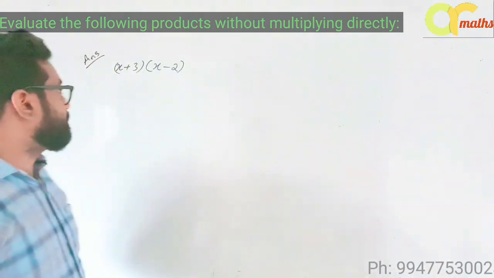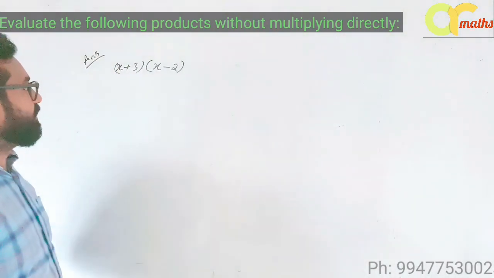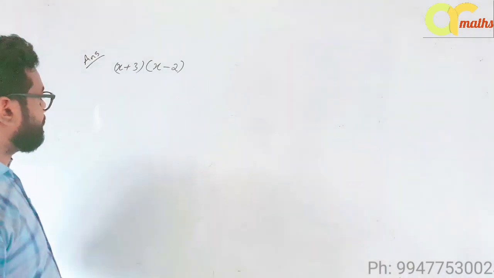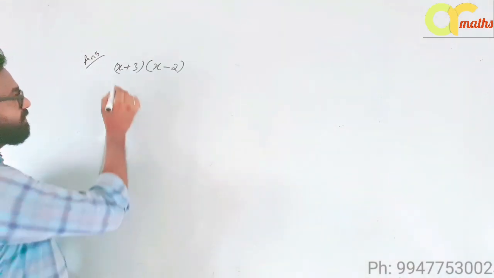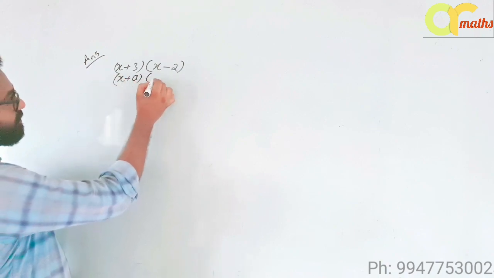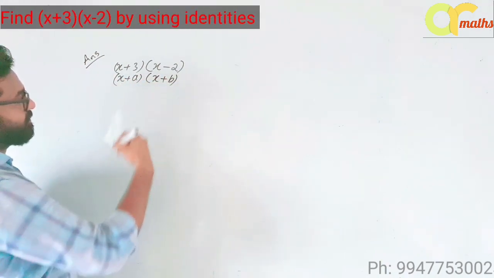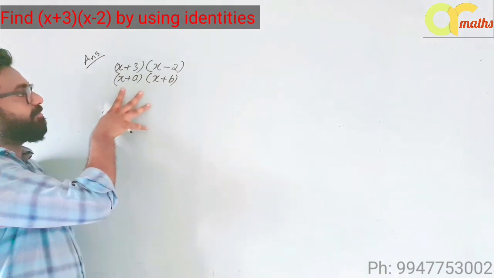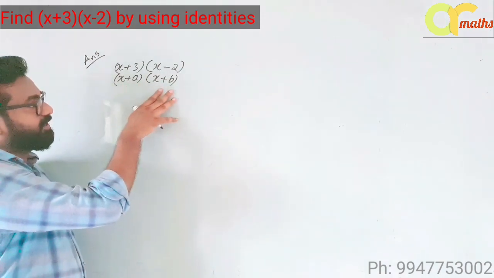Okay, next question is: find x plus 3 into x minus 2 by using identities. So here this is in the form of x plus a into x plus b.